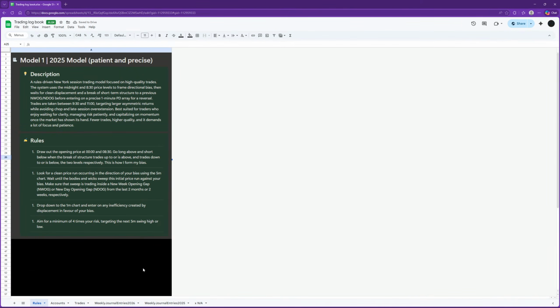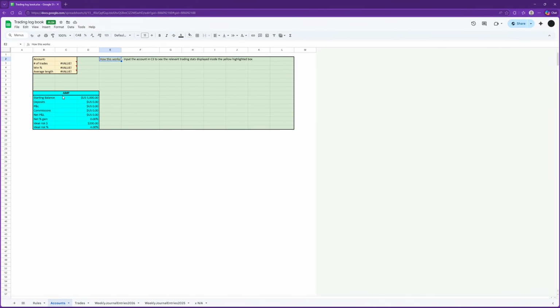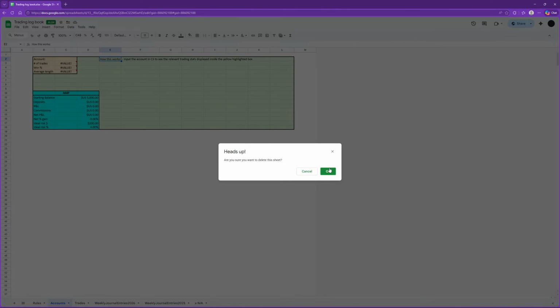I finished writing down all the rules, and I could change the account page. I don't want to focus on the account, so I'll probably remove it, but I don't want to in case I change my mind.